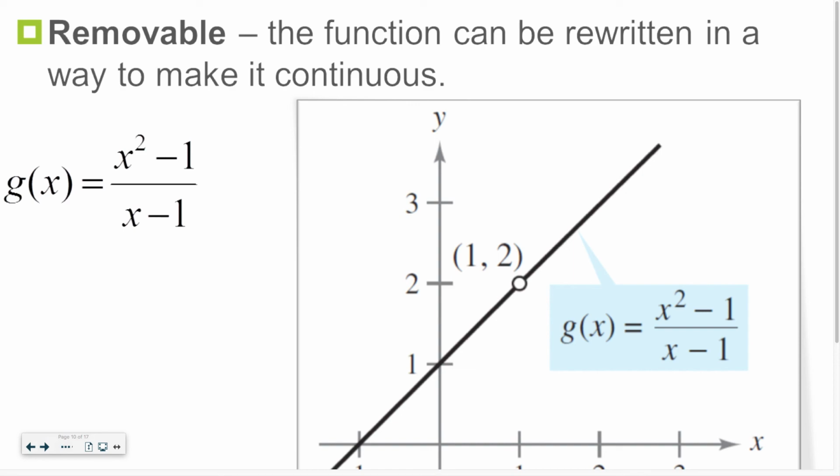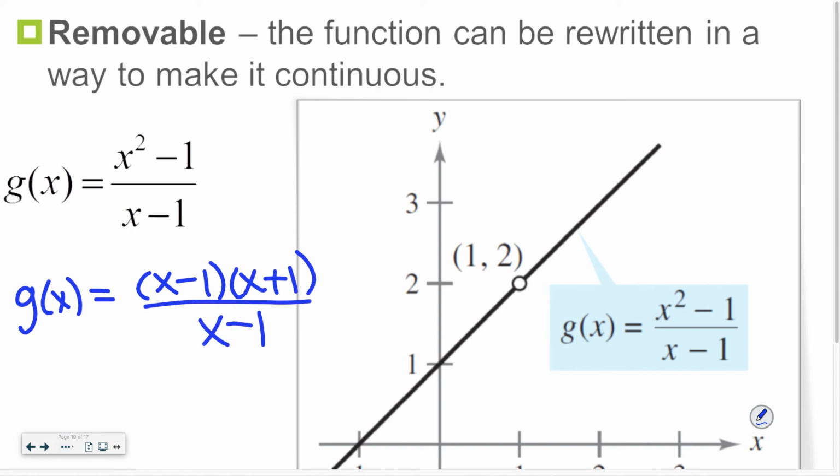There's the equation. Here's the picture with the hole. How do I know that there's a hole without graphing it? Okay, we can factor, and what has to happen in order for me to know that there's a hole there? Okay, so we have factors that cancel out, and we know, hey, there's a hole. So if we take this rational function, x minus 1 times x plus 1, all over x minus 1.